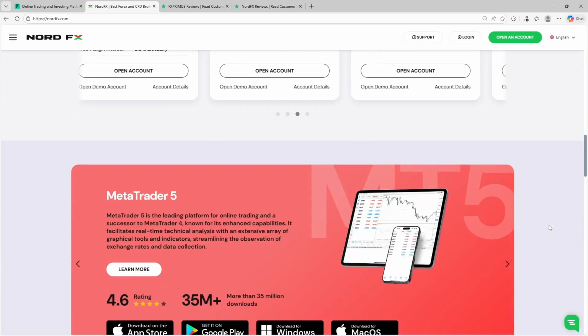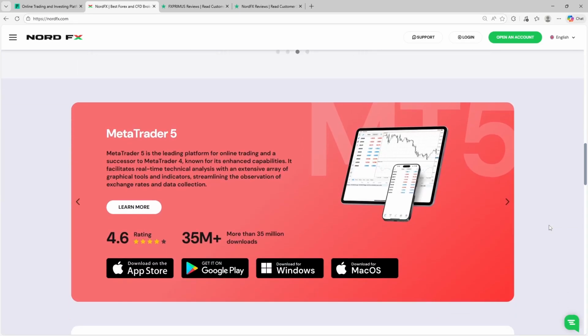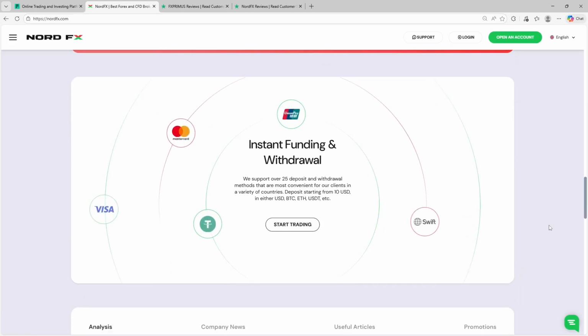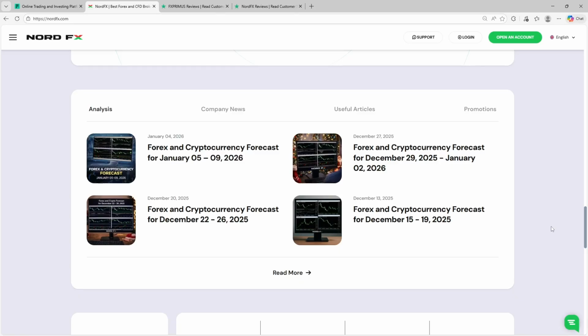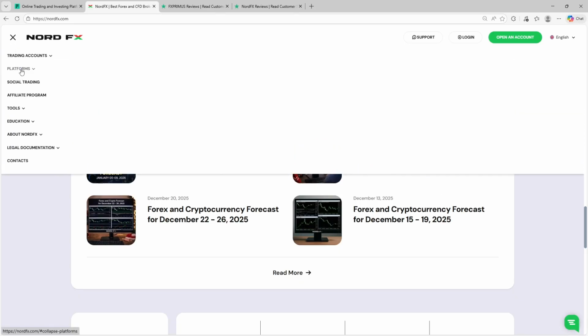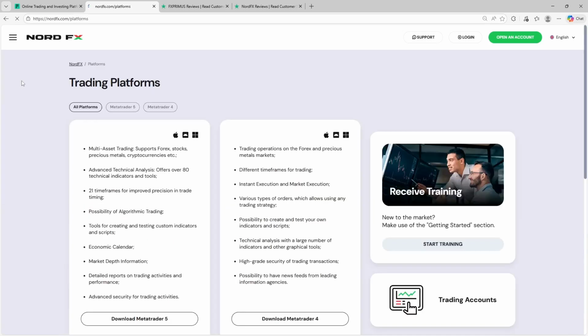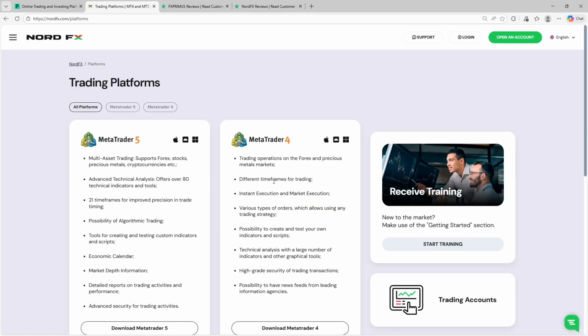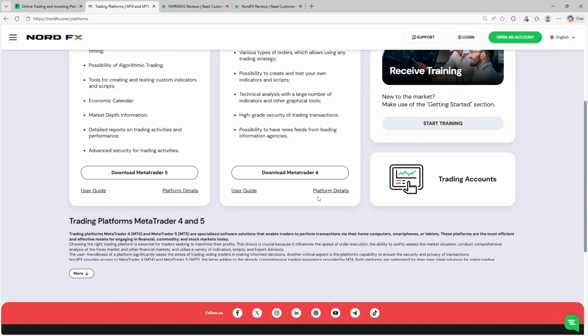On the pro side, NordFX offers clean pricing logic, low minimum deposits, access to ECN-style execution on zero accounts, and a straightforward platform environment that does not overwhelm traders with unnecessary features. The broker is particularly appealing to traders who value speed, simplicity, and the ability to move capital efficiently.